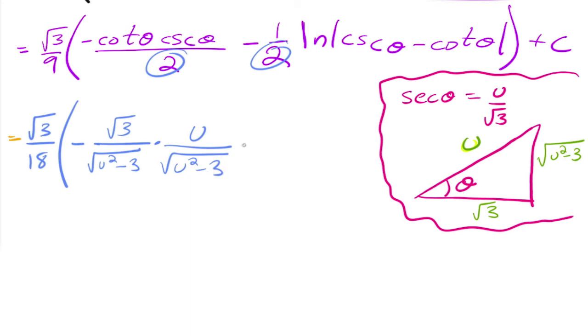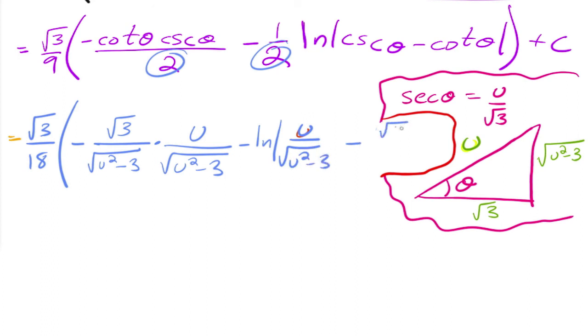And then minus the natural log of the absolute value of cosecant, so that again is u over the square root of u squared minus 3 minus cotangent, which is root 3 over the square root of u squared minus 3.